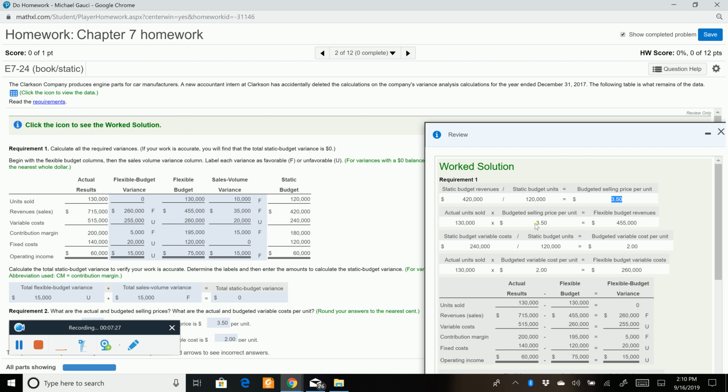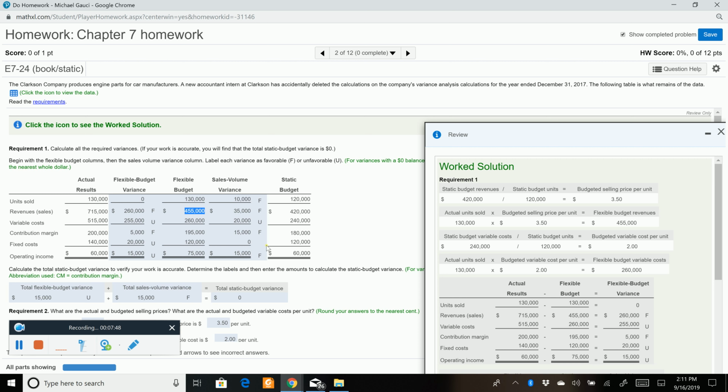Well, if I take that $3.50, which was the budgeted sales price, times the actual units sold of 130,000, we are going to get the $455,000 as our budget for the revenues at the actual level of activity of 130,000 units.